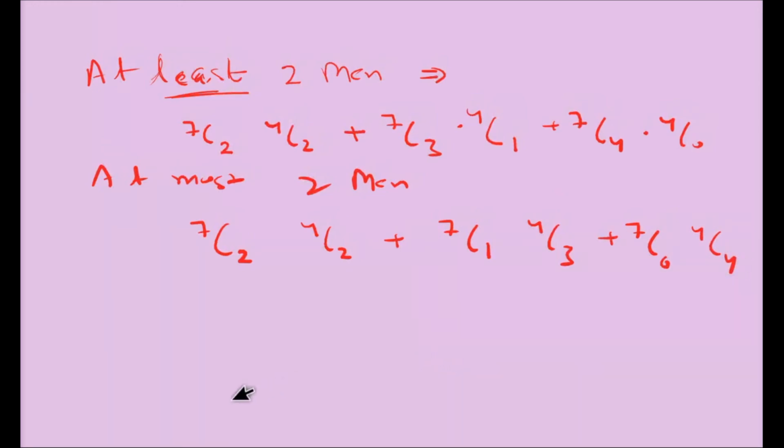Okay, this way you have to understand the meaning of at least and at most. These 2 are important questions, and you have to understand them very well. Right? Now I am going to the next question.